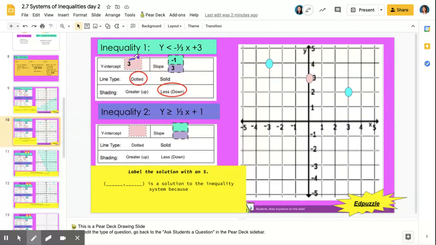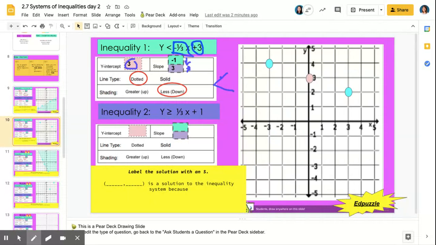So we have the y-intercept is 3 from this number, and that's this coordinate. Our slope was -1/2, which means down 1, right 3. That's coming from this number. Down 1, right 3.